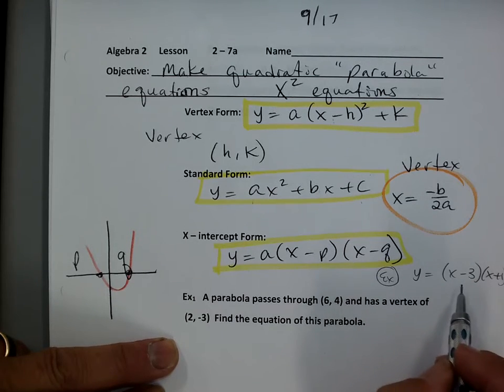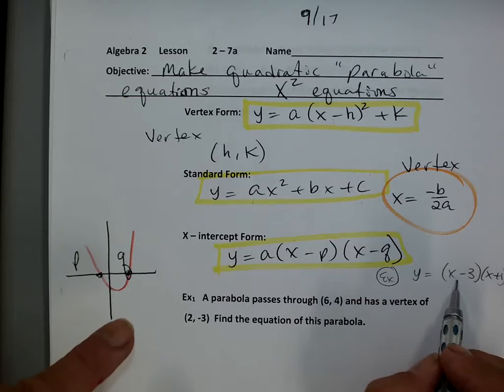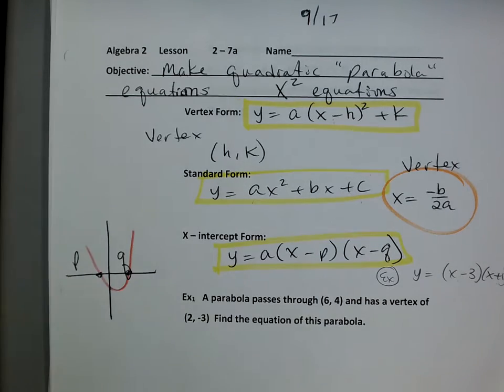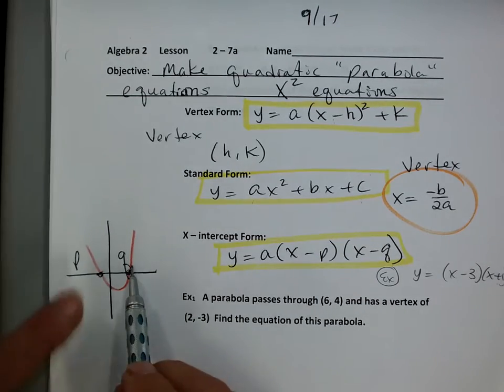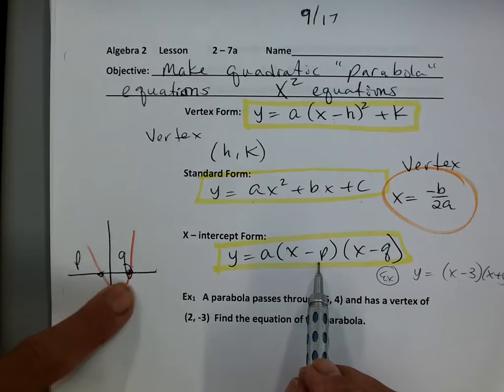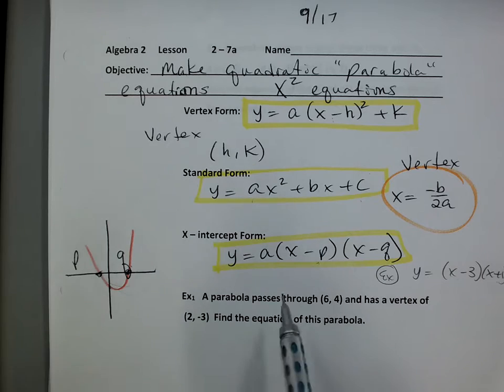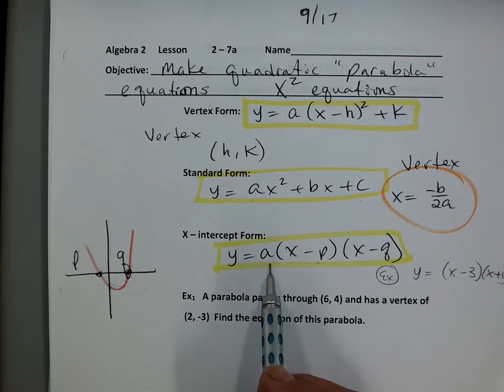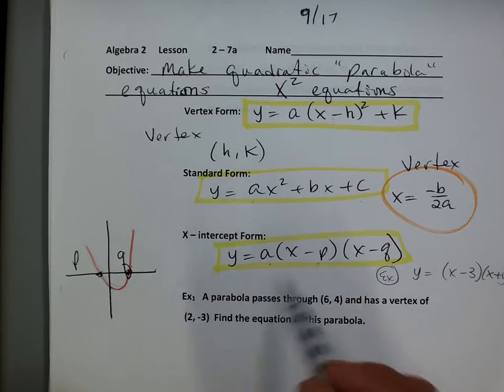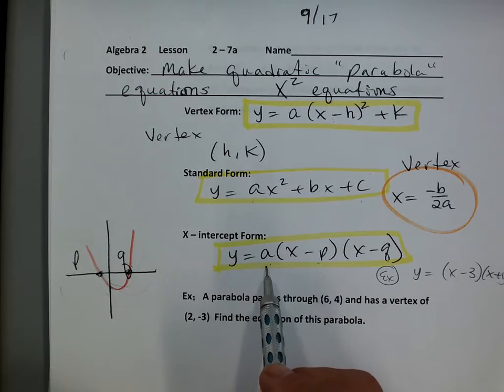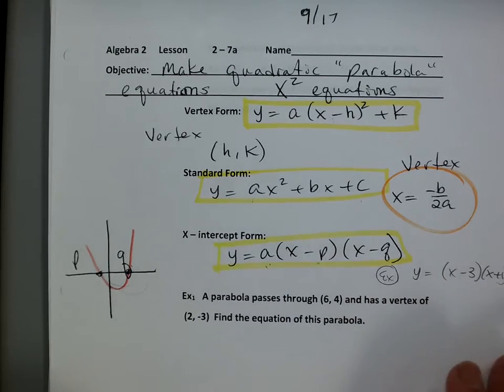We know we'd have our x-intercepts at positive 3 and negative 1. Whatever these values are, we'd solve our mini equations. We'd have p and q, and that helps us get our parabola also. We'd have to know the value of a to know if it's going up or down, and whether it's going to be skinny or wide.